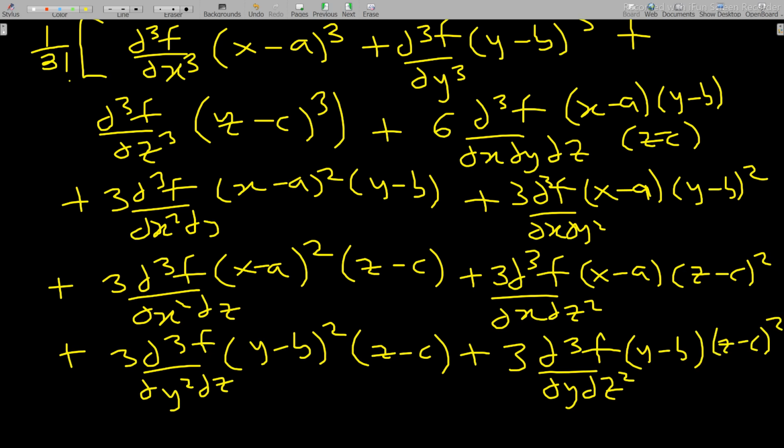Then you close the square brackets for your third derivative.